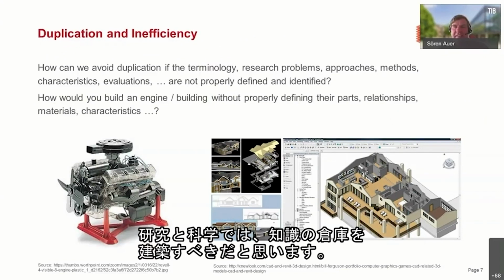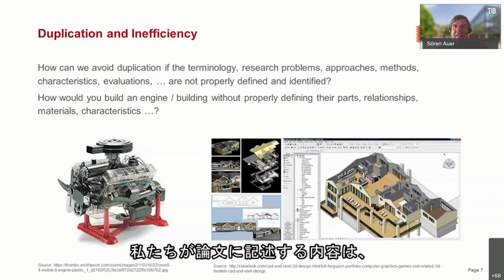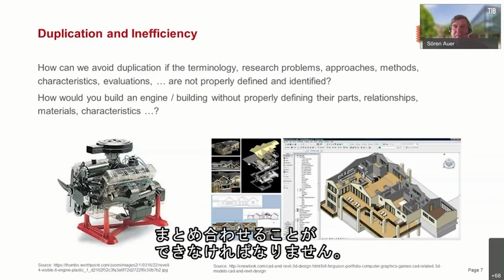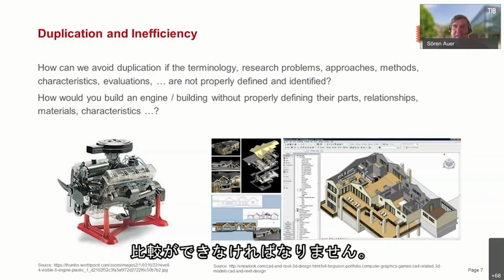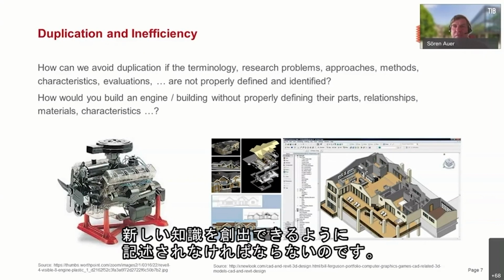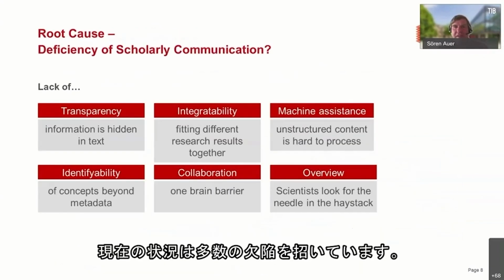And I think in research and science, we should build a building of wisdom, right? So the things we describe in papers should fit together. They should be comparable. They should be described so that we can actually really generate new knowledge without drowning in this flood of publications.